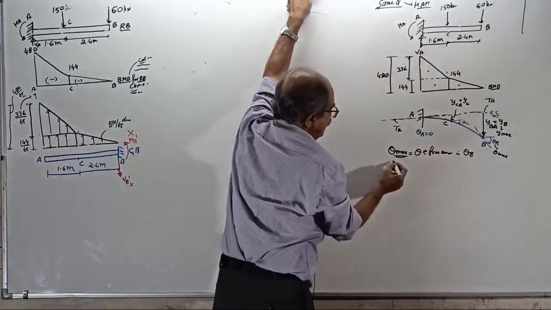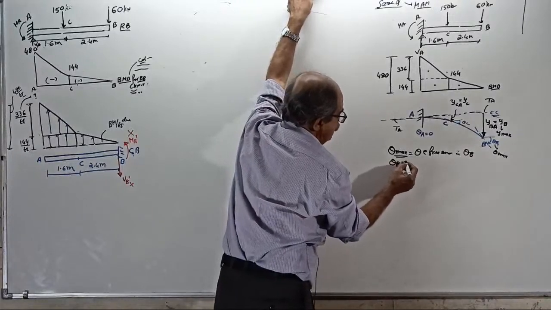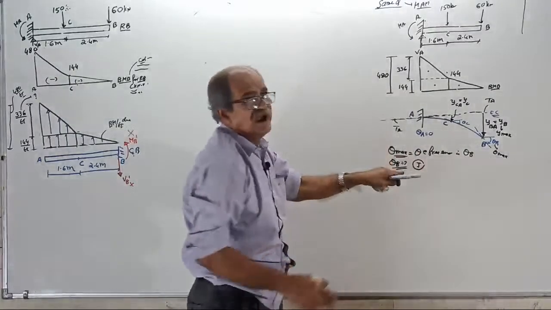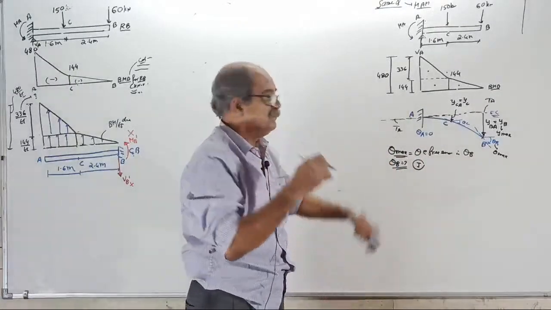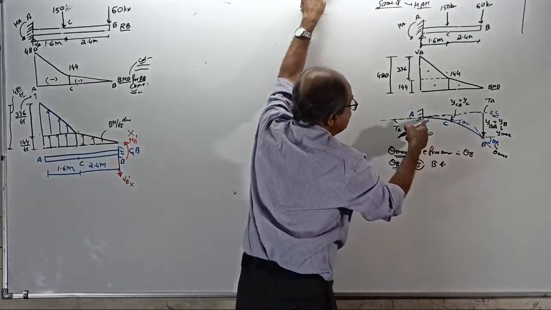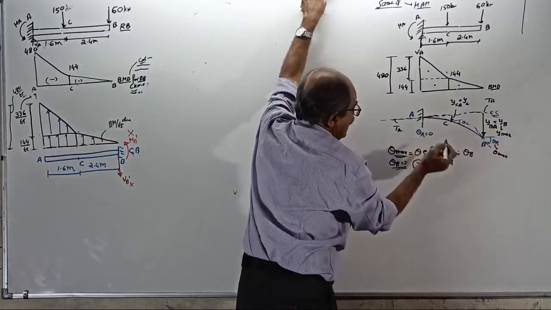If you want the value of theta B, apply the first theorem. Consider the point B and the fixed end A, where theta A is 0.